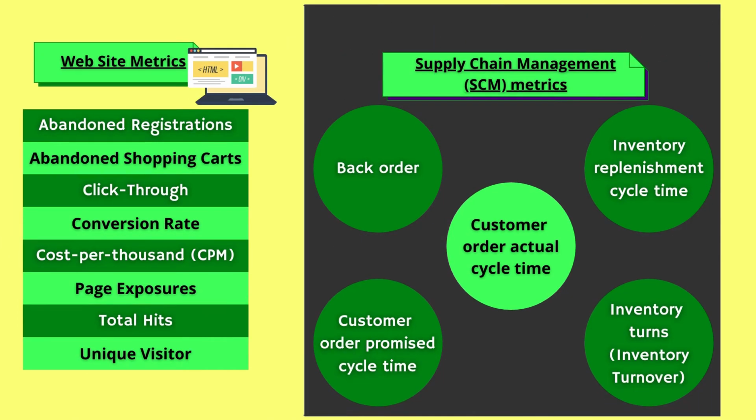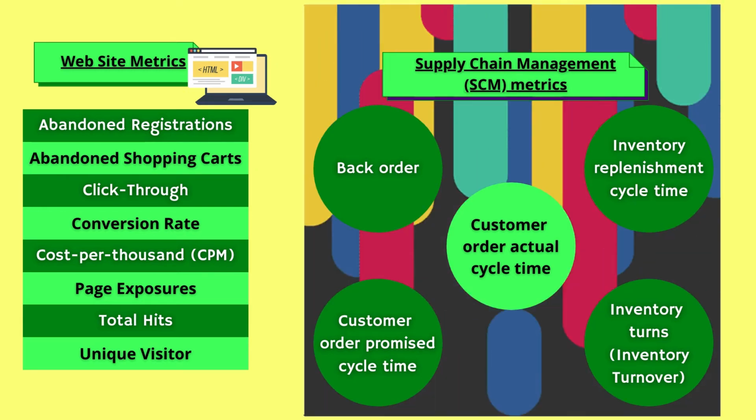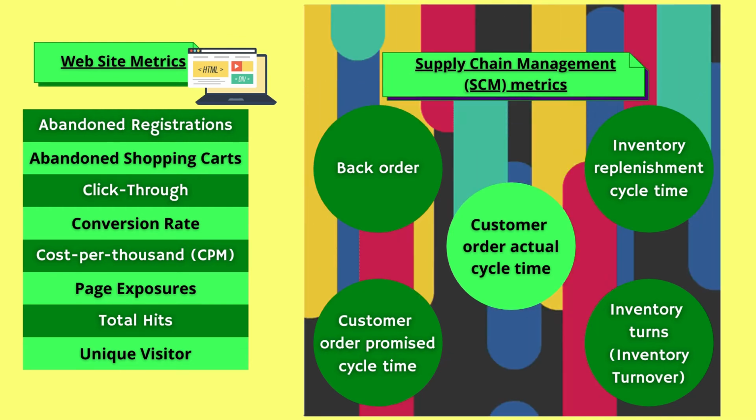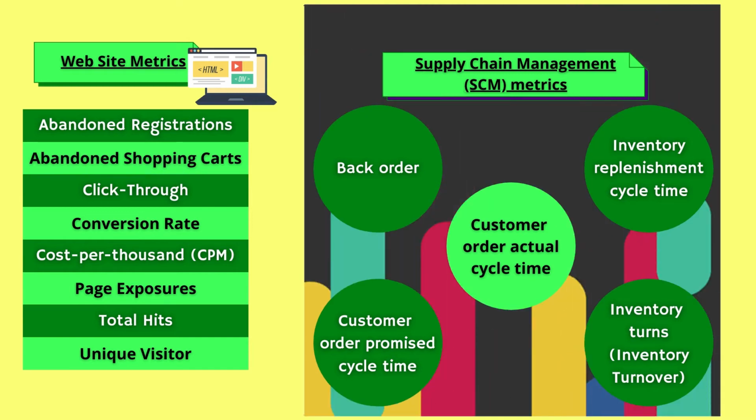Website metrics: abandoned registration, abandoned shopping carts, click-through, conversion rate, cost per thousand CPM, page exposures, total hits, and unique visitors. Supply chain management metrics: back order, customer order promise cycle time, customer order actual cycle time, inventory replenishment cycle time, and inventory turnover.